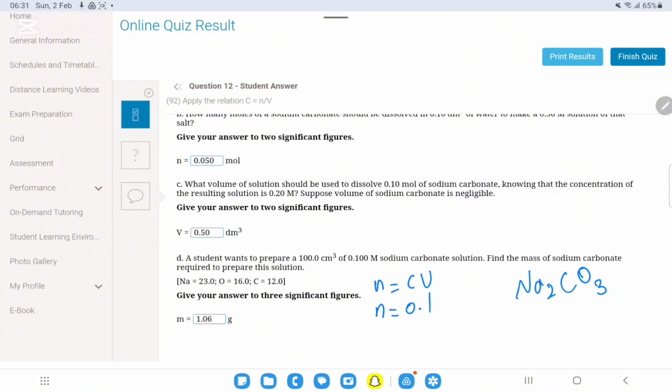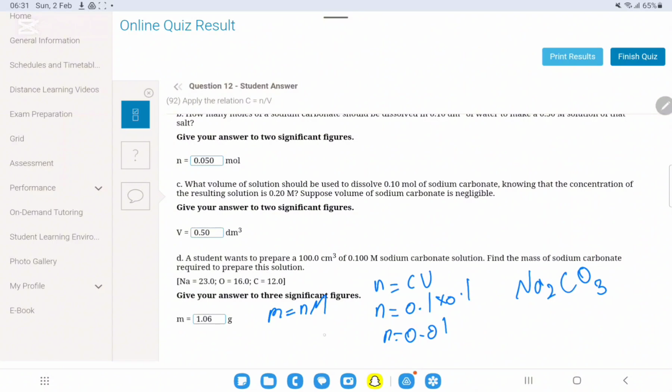We divide that by 1000, so times 0.1. 0.1 times 0.1 is 0.01.